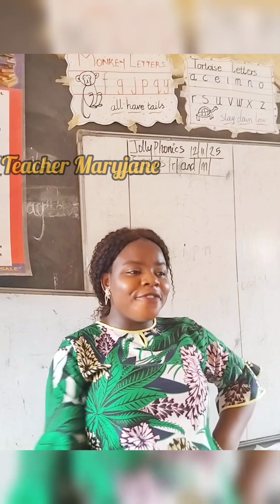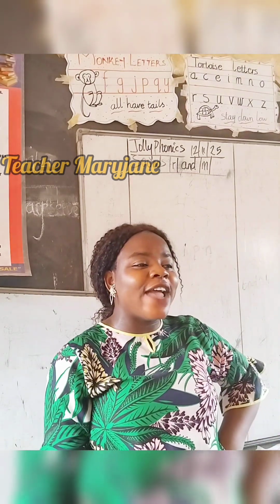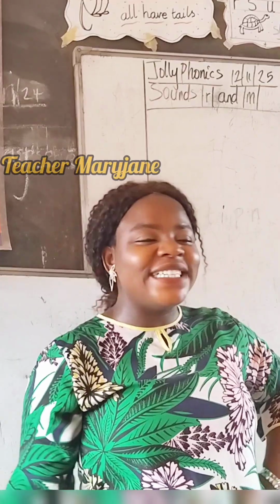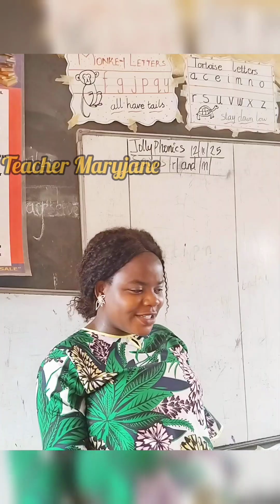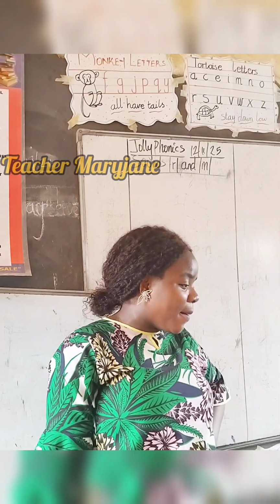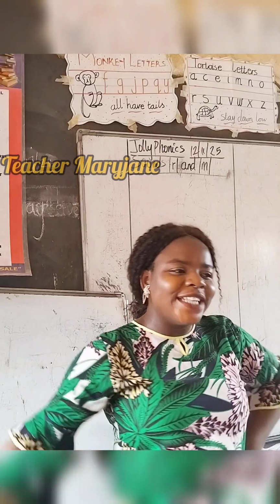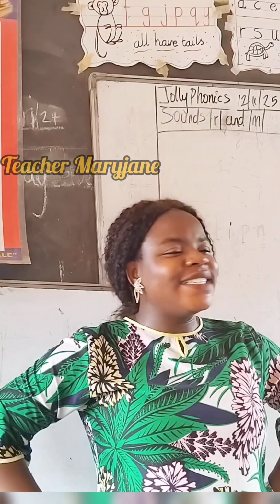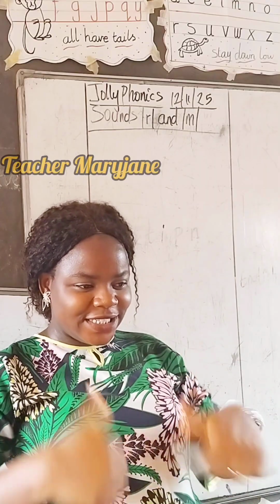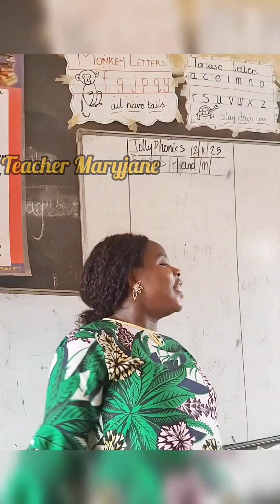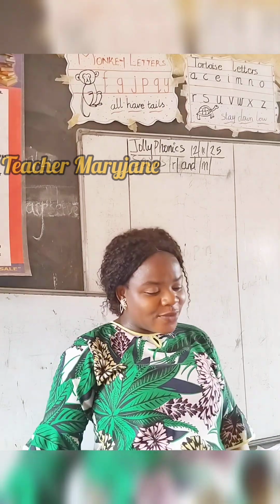Rats. High five. Let's blend rats, everybody. Very good. Kudos. Which other one? Red. High five. Let's blend red. Very good. Rug. Very good. Give him a sound clap.